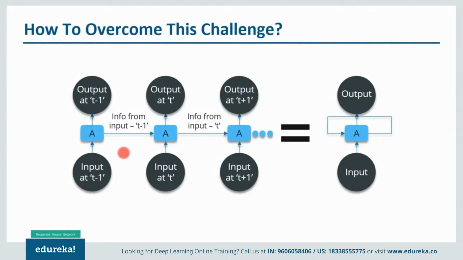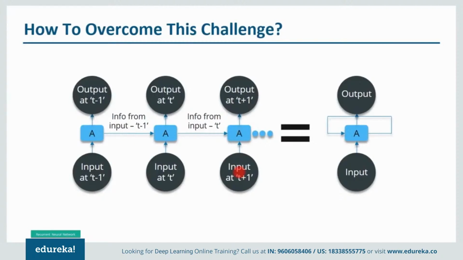Over here, we have input at t minus 1. We'll feed it to our network, then we'll get the output at t minus 1. Then at the next timestamp, that is at time t, the input at time t will be given to our network along with the information from the previous timestamp, t minus 1, and that will help us to get the output at t. Similarly, for the output at t plus 1, we have two inputs.